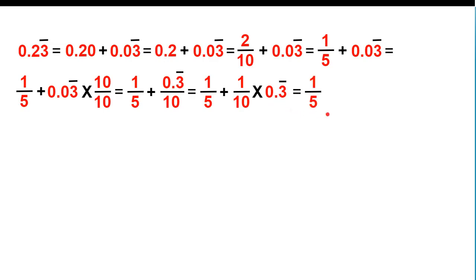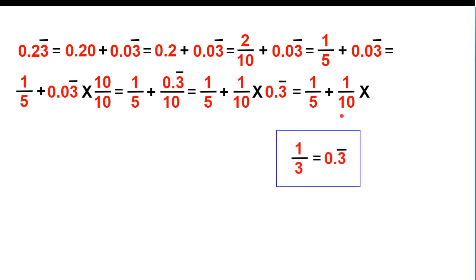1 over 5 plus 1 over 10 of, and now we'll use another trick. In the beginning of the lesson, and in previous lessons, we mentioned that 0.3, where the 3 is recurring, is actually 1 over 3, 1/3. So we can replace this 0.3 recurring with 1/3 here.